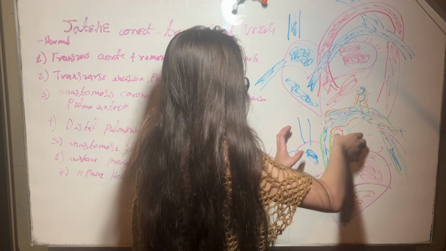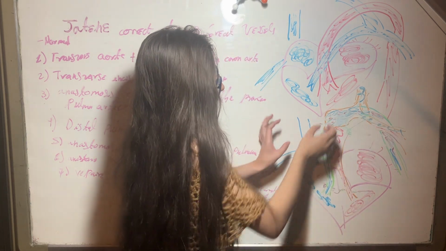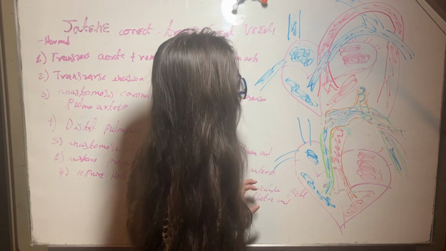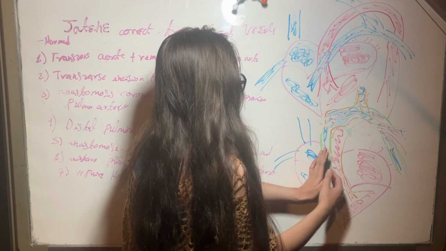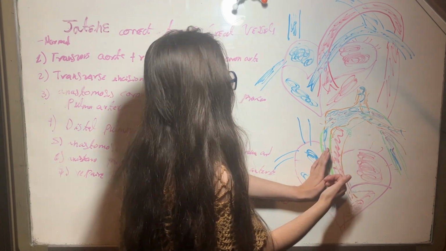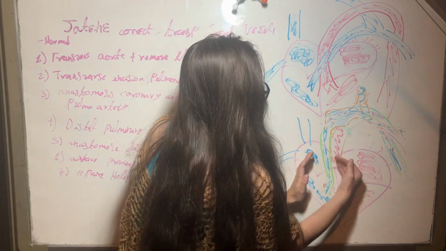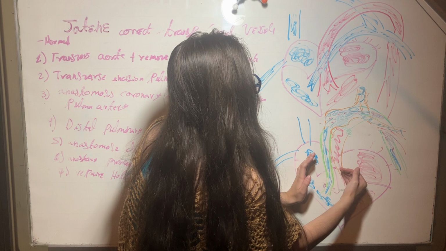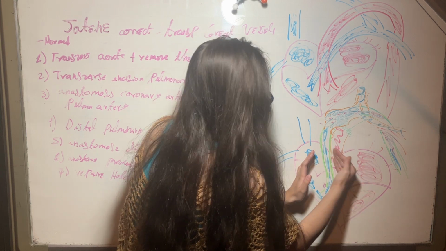Here, this is the distal aorta that was connected here, and this is the distal pulmonary artery. So what now functions as the proximal pulmonary artery, but initially was the proximal aorta, is to the right of what now functions as the proximal aorta, what originally was the proximal pulmonary artery.